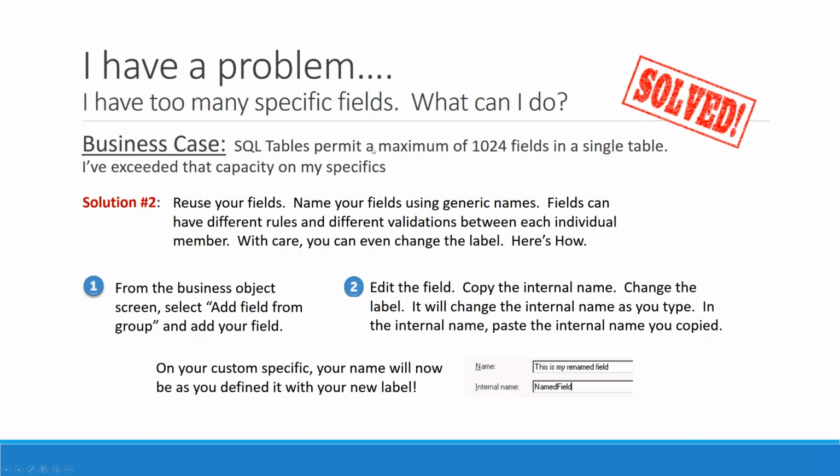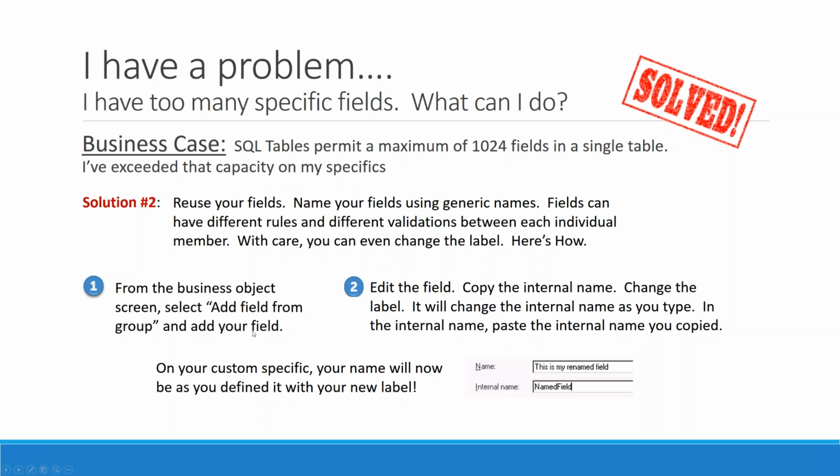So let's assume that I named my field generic 1, and it was like a 25 character field. I can actually have different rules and different validations between that. And so that same generic field can have label 1 on form 1, and it could have label 2 on form 2. So to do that, here's how you would do it. From the business object screen, you would select add fields from group and you would add your field.